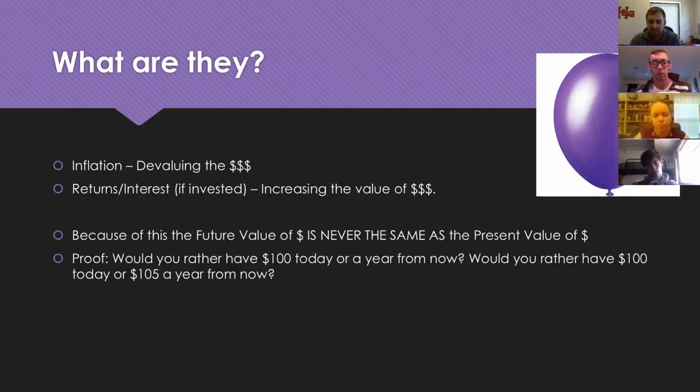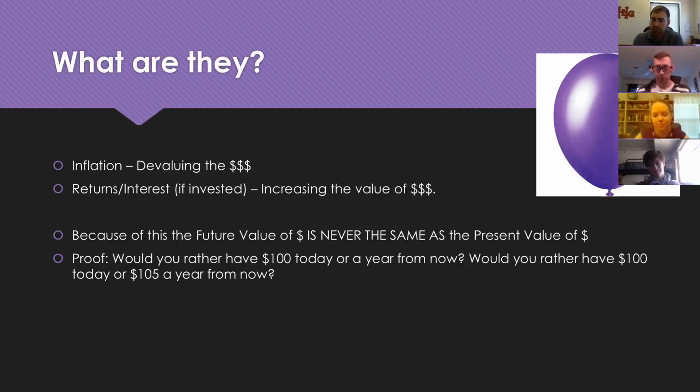Because of those things, we don't look at a dollar today as having the same value as a dollar we would receive tomorrow. And we don't look at a dollar today being equal in value to a dollar in 30 years. Proof: would you rather have $100 today, or would you rather have it a year from now? Apart from the fact that you might forget about it if someone offered you that money, I think you'd rather have it today, right?